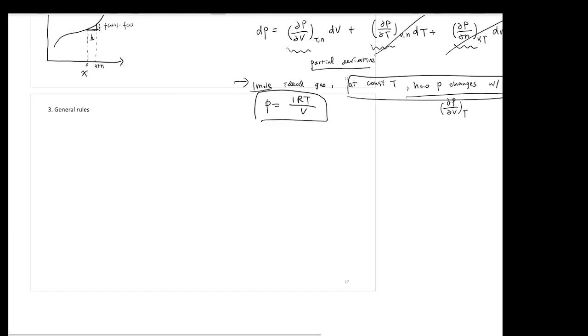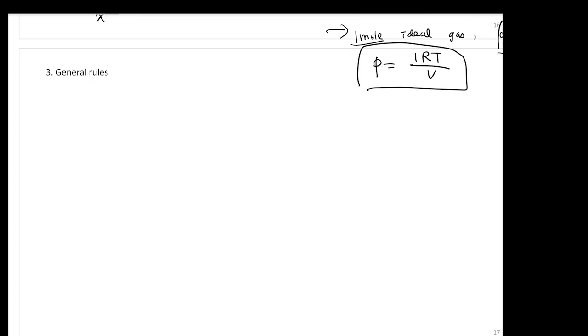So once we introduce this, there are 3 general rules that you want to memorize.